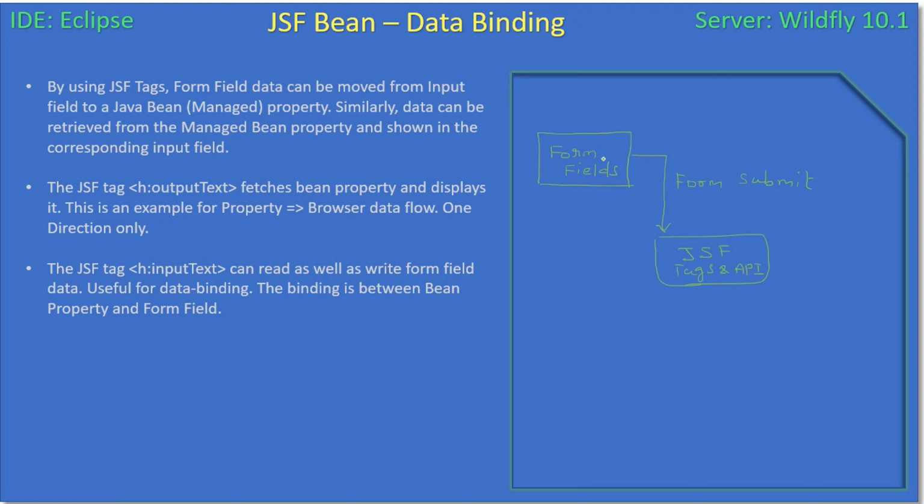If you see, when a form is submitted from a form field, the data is read by the JSF tags and the API. Then it will be stored in a JavaBean.